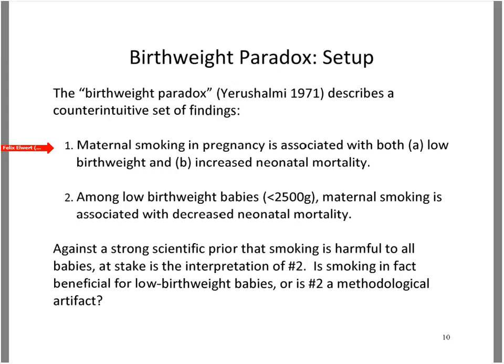But, and this is the counterintuitive part, among low birth weight babies, maternal smoking is associated with decreased neonatal mortality. And this is an apparent paradox because it contradicts intuition, specifically against the strong scientific prior that smoking is thought to be harmful to all babies.